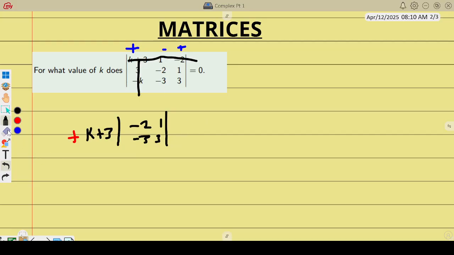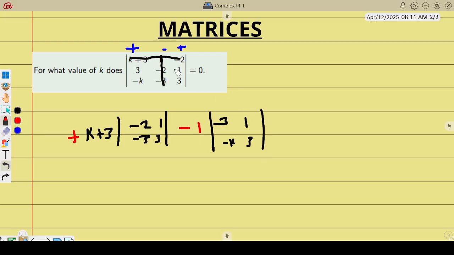And then we go to the next one. We go to 1. 1 should have a negative. So when we cancel 1, we cancel the row for 1, or the column for 1, and the row. We'll remain with 3, 1, negative k, 3. And then we go to the last one, 2.